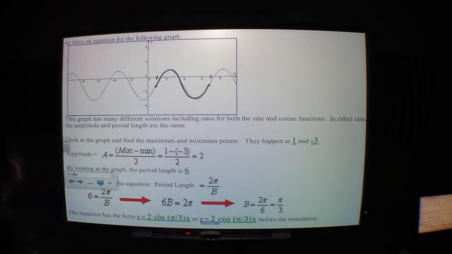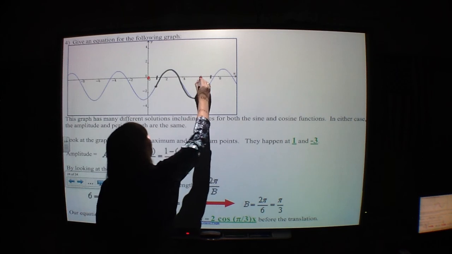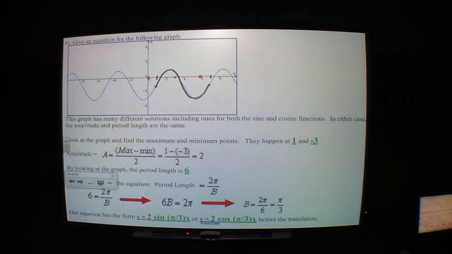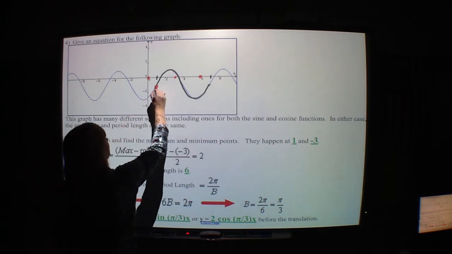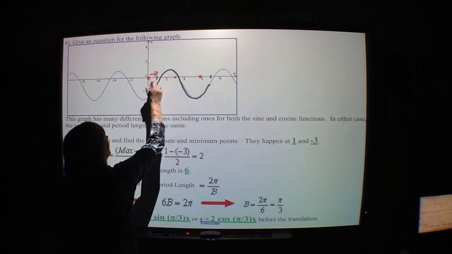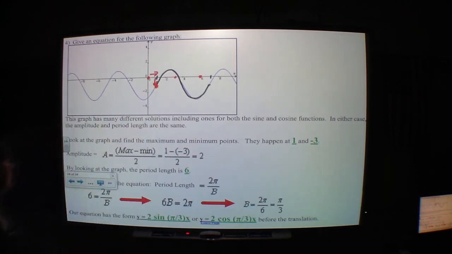If I was going to do the sine graph, remember sine, beginning, middle, and end are my zeros. So here's a 0 here. So that graph was translated 1 to the right. So if I was going to do the sine graph translated, I'm going 1 to the right. So with my x there, I would have x minus 1.